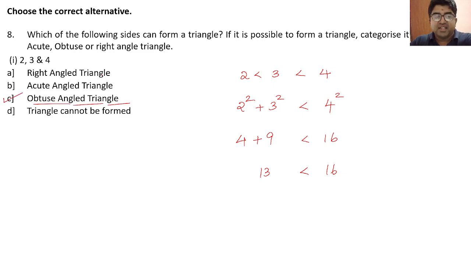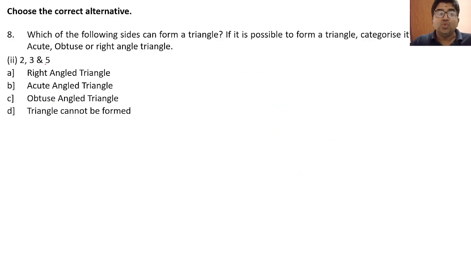Now, the next question, 2, 3, 5. Here the sum of the two sides, 2 plus 3, is equal to the third side. The sum of any two sides should always be greater than the third side. That is what we have seen; we call it the triangle inequality. But here it is equal to 5. What does that mean? It means that the triangle cannot be formed.